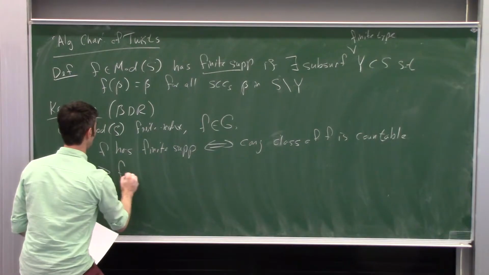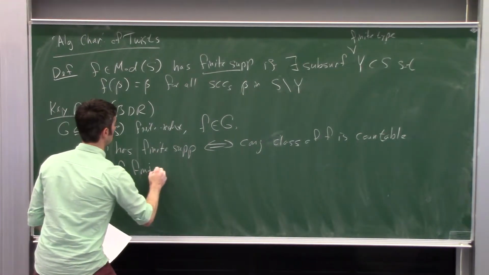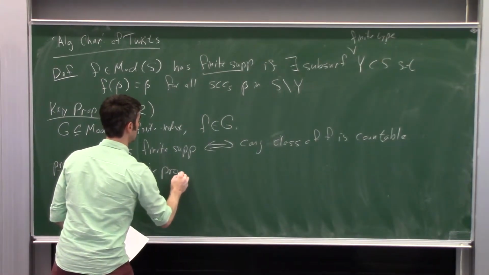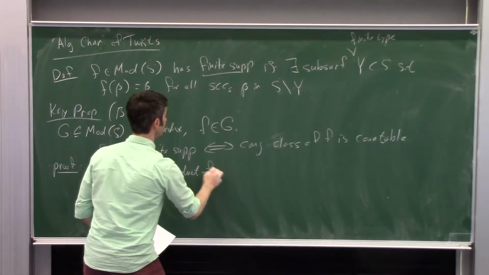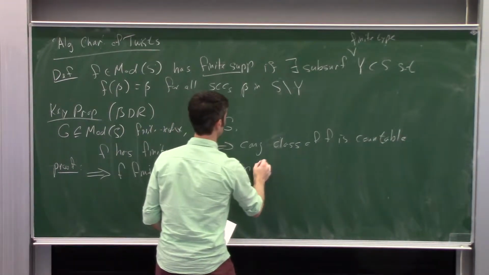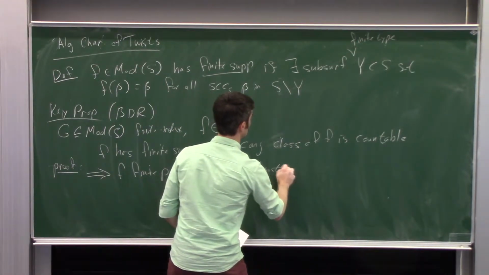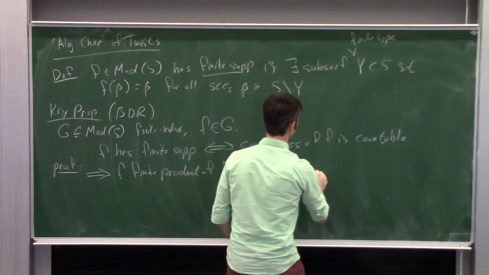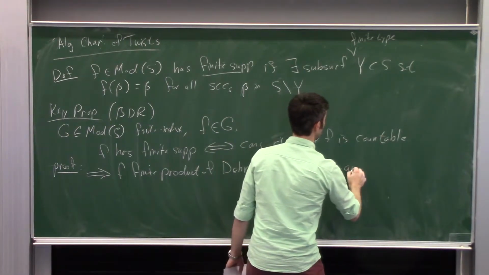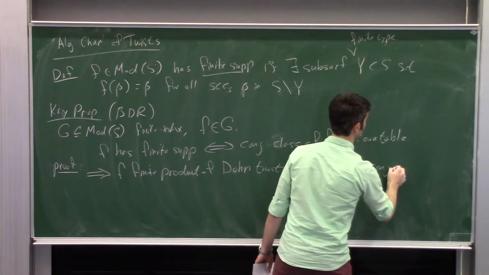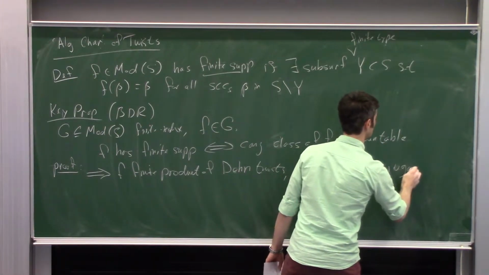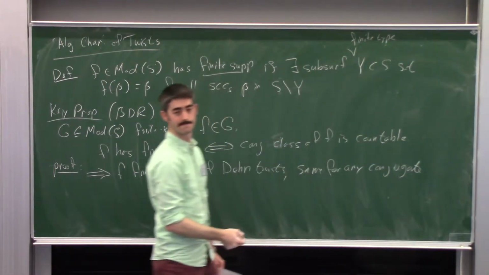Okay, so here f is a finite product of Dehn twists, and the same holds for any conjugate of f.